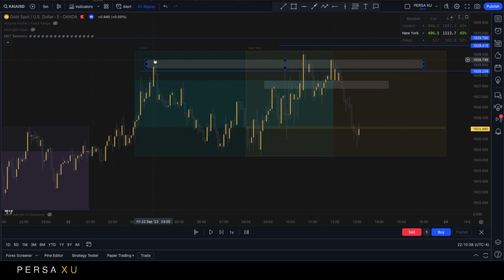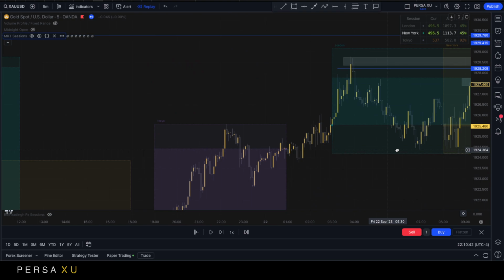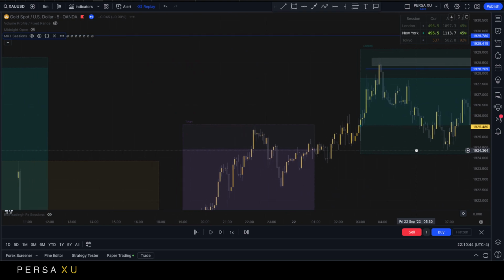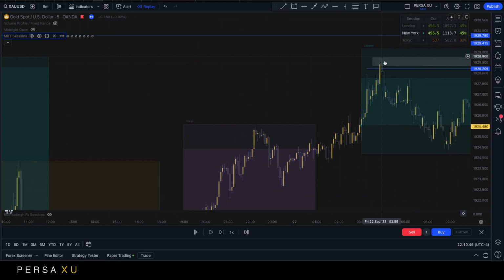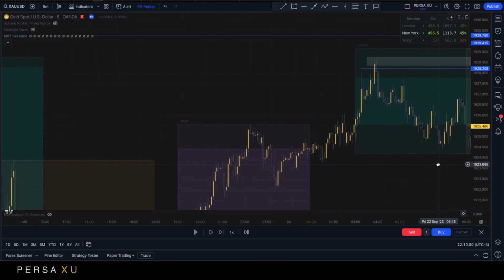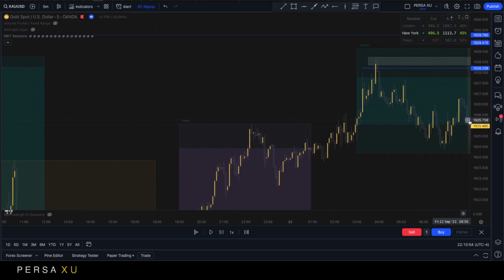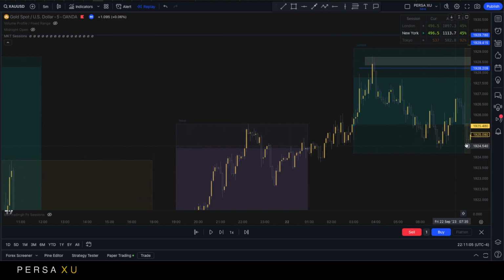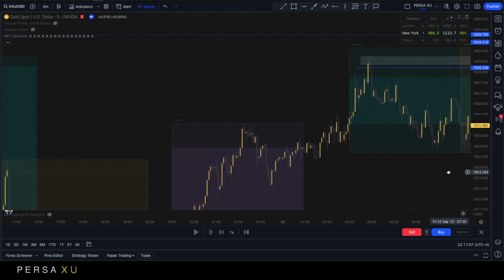This is London. This was London's previous high. If we go back, remember that we started over here, London high. This was London's low. New York opened right here, closer to London's low, on its way to London's low, and it retested London's low right there and bounced off of it.